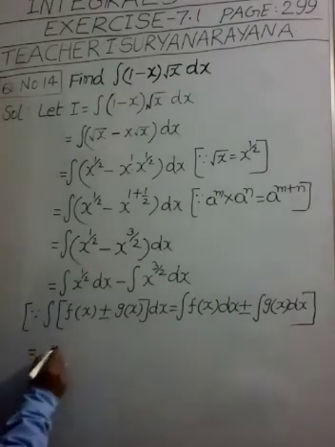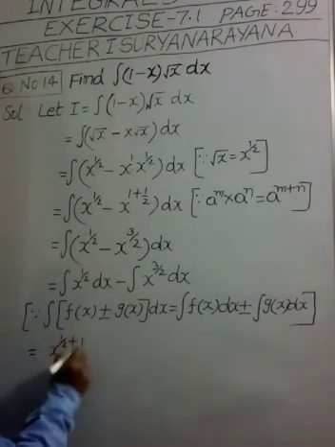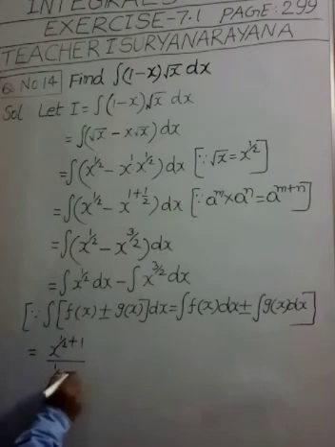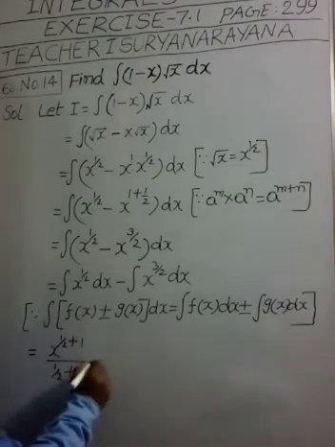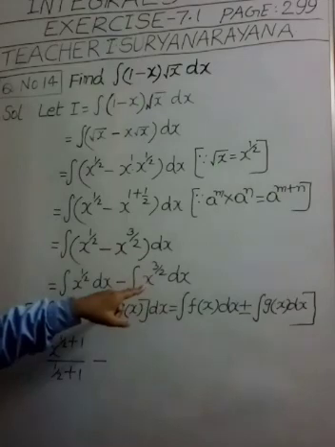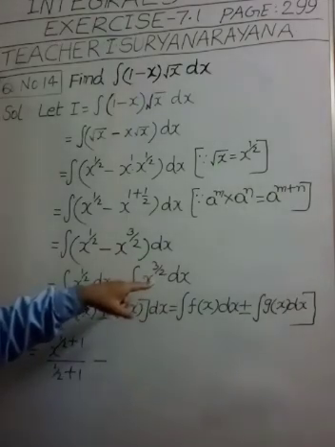So x power n plus 1 by n plus 1, where n is equal to 1 by 2. So x power 1 by 2 plus 1 by 1 by 2 plus 1. Understood this first term, my children? Right. Now come to the second term, minus, it is also in the form of integral x to the power of n dx.